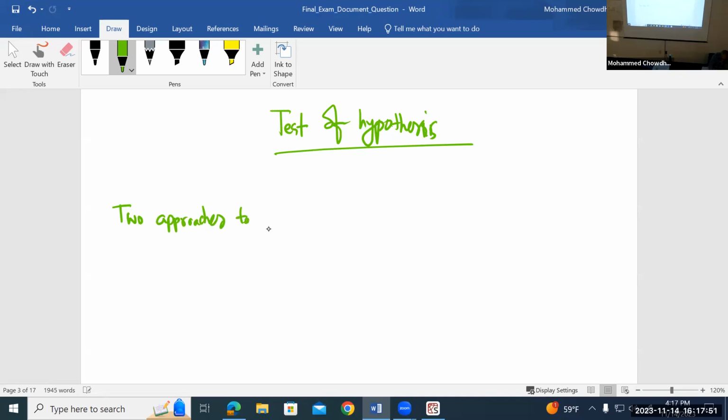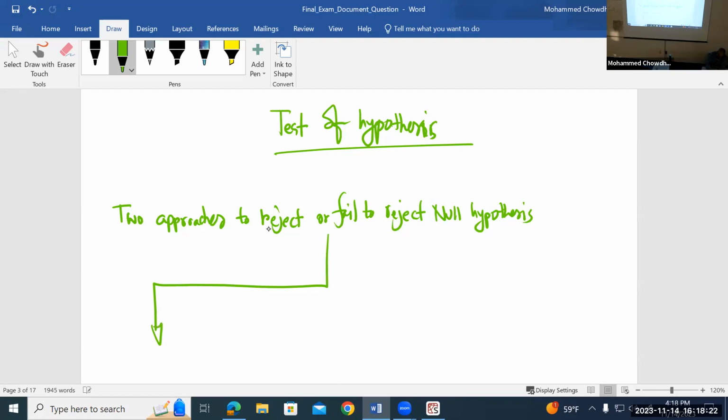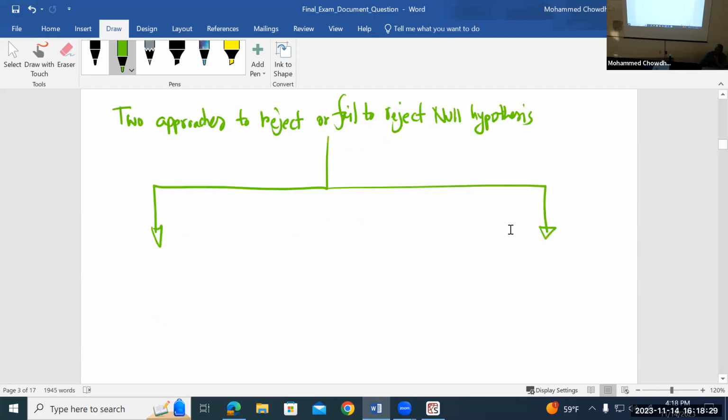Two approaches to reject or fail to reject the null hypothesis. One is the p-value approach.